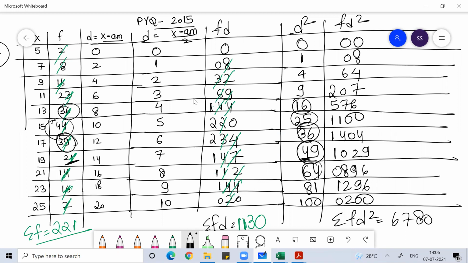Clear everyone? Anyone, any doubt, any calculation mistake, anything you want to highlight?